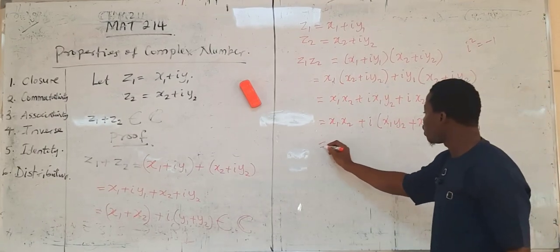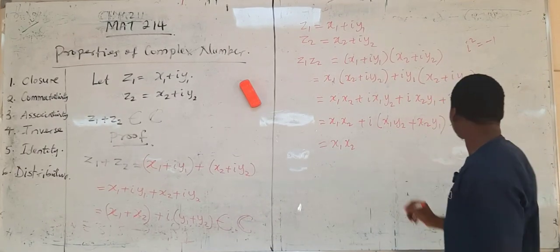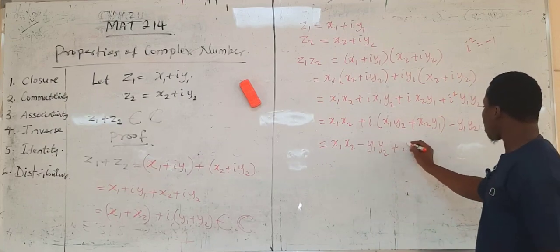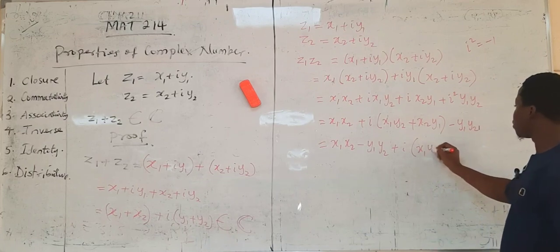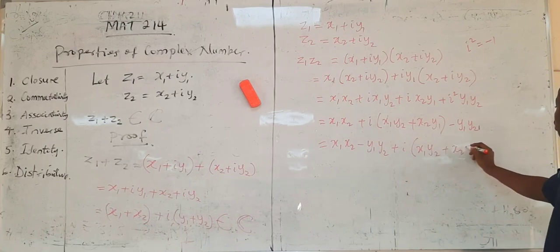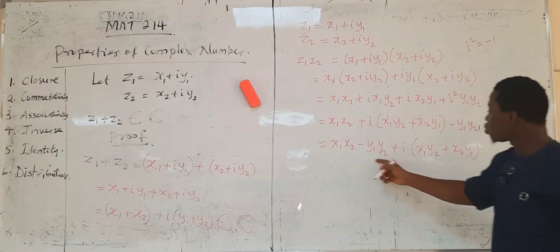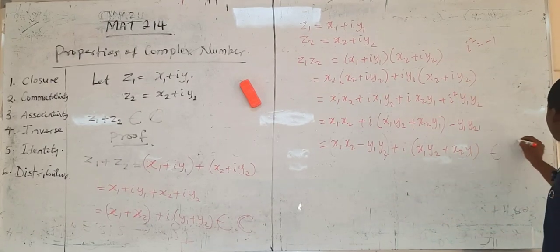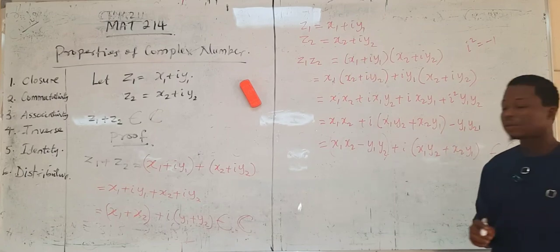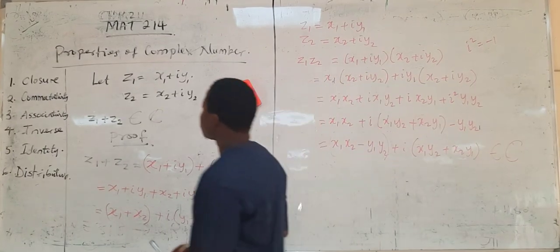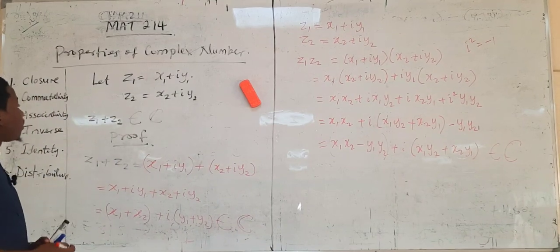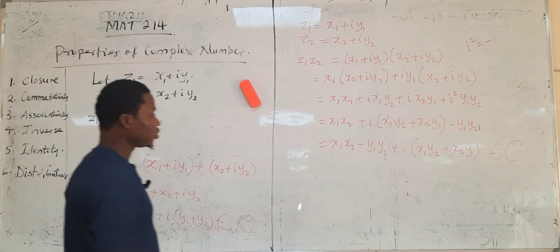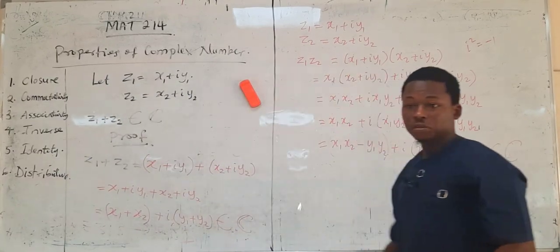So we have x1x2 minus y1y2 plus i(x1y2 plus x2y1). And so this is the real part and this is the imaginary part, which is clearly an element of the complex numbers. So it means the complex number is closed under addition and the multiplication. So do you have this down here? Yeah. Okay, cool.